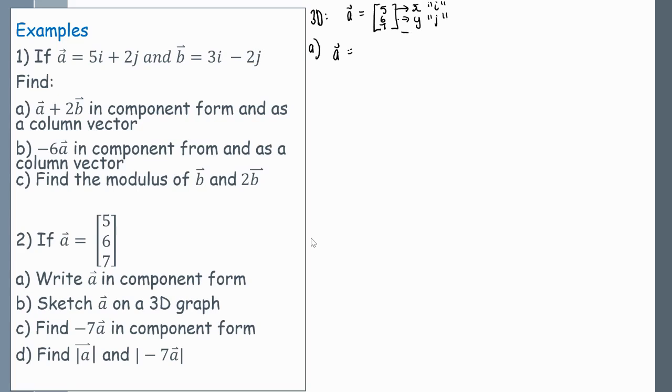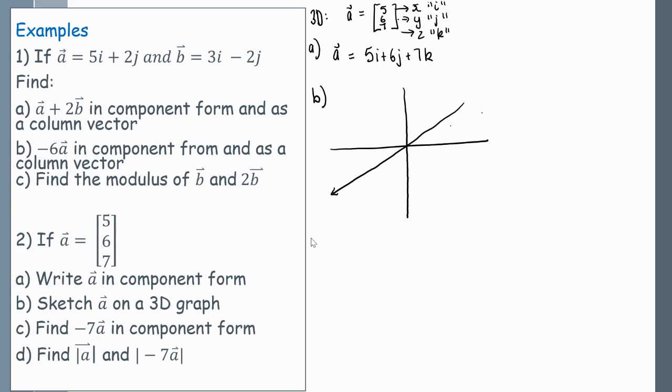The second component is our y or our j direction, and our third component is our z, or, you guessed it, it's called the k component in component form. So we can write vector a as equal to 5i plus 6j plus 7k. So the third component is denoted with a k, or k is equal to 0, 0, 1 in component form for 3D vectors.